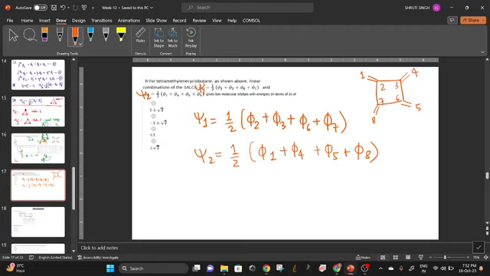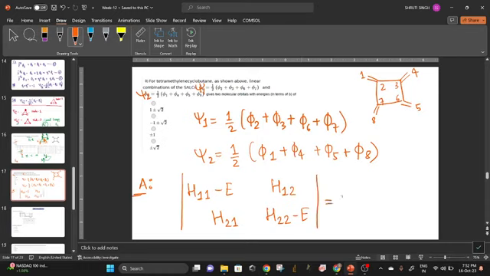Now these two representations are totally symmetric representation. So it belongs to totally symmetric representation. Now the secular determinant will be H11 minus E, H12, H21, H22 minus E. Now these are not Huckel symbols yet.